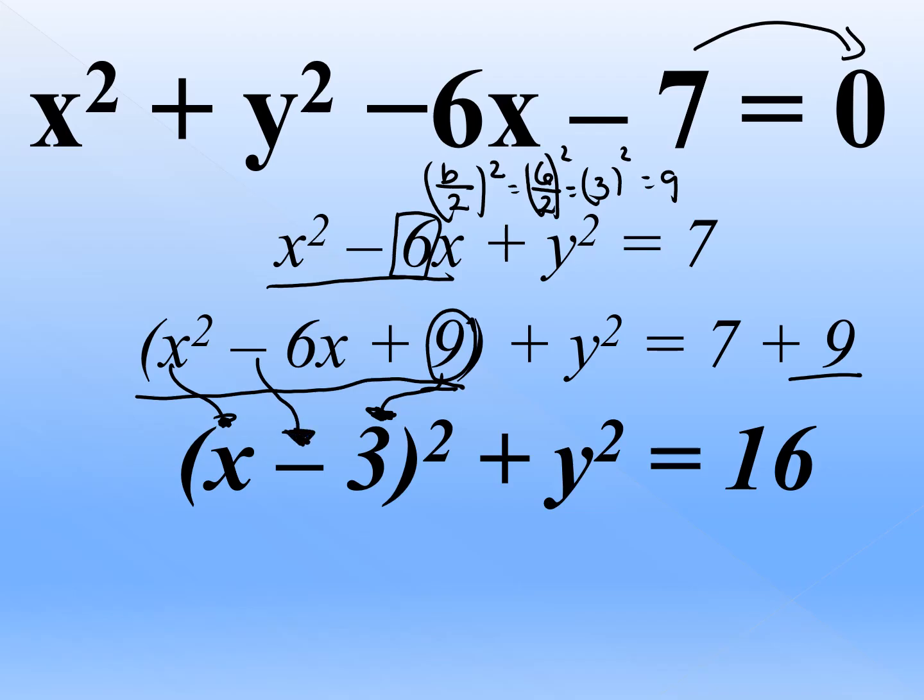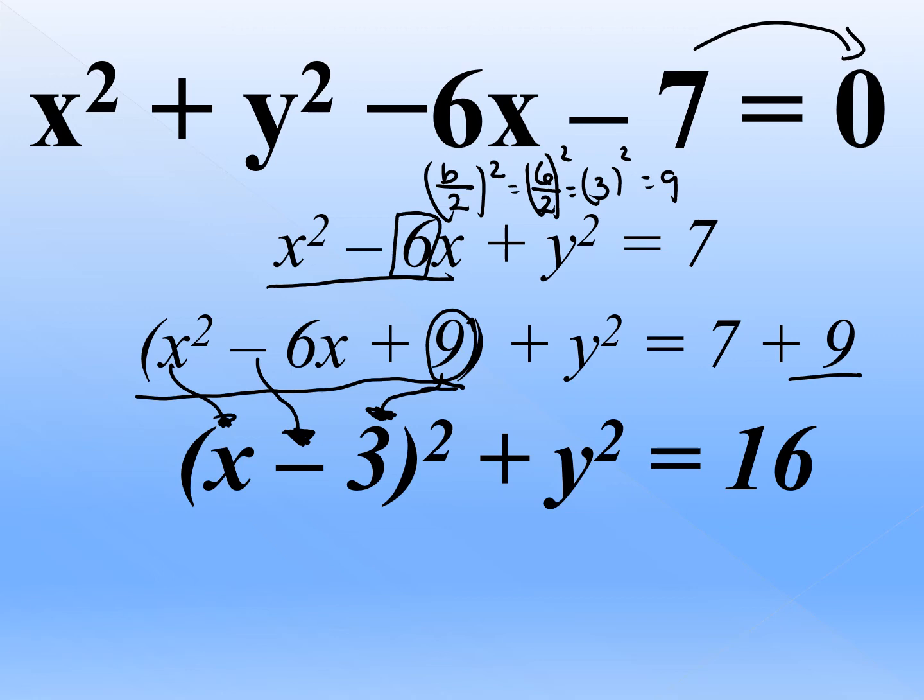Again, to factor a perfect square trinomial, we take the square root of the first term, x squared, which is x, the square root of the last term, 9, which is 3, and copy the sign of the middle term, which is negative. Then we bring down y squared, and 7 plus 9 is 16.